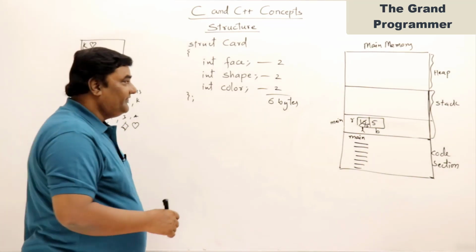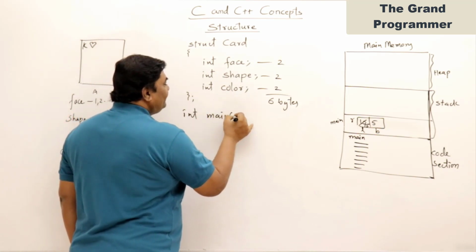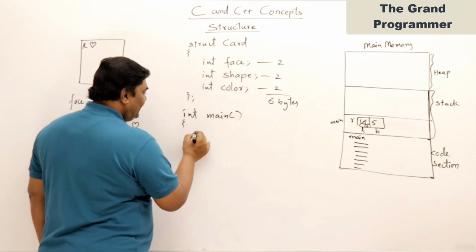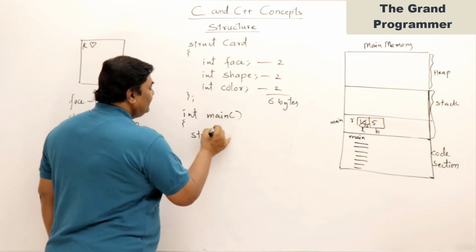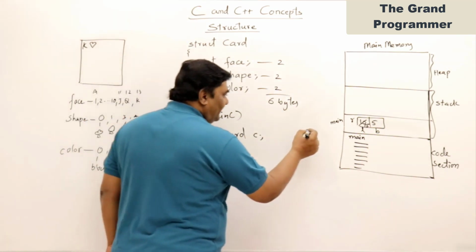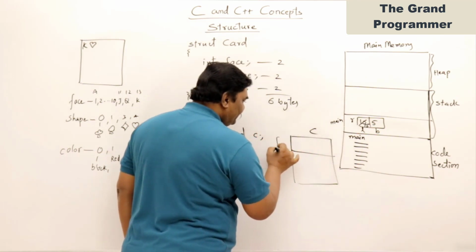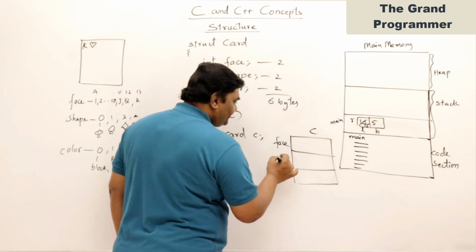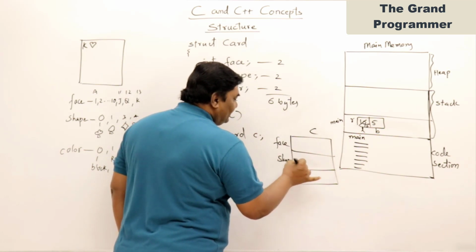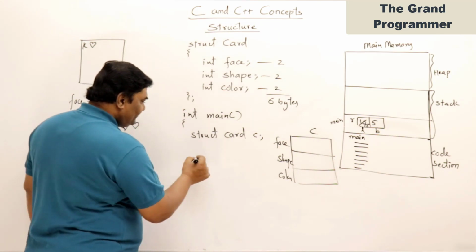Now let us declare the variable. Inside the main function, if I declare a variable of this structure type, I can have a playing card, struct card, and just C. Now how will this C occupy the memory? It will have 3 members. First one is face, the second one is shape, and the third one is color. Now I can access all these members by using the dot operator.